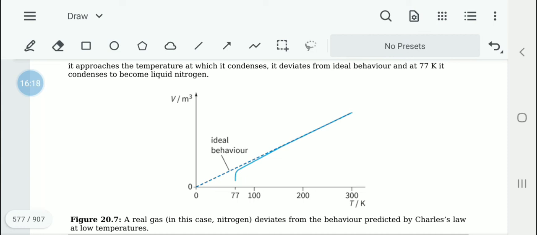At this point, it deviates from the ideal gas behavior.